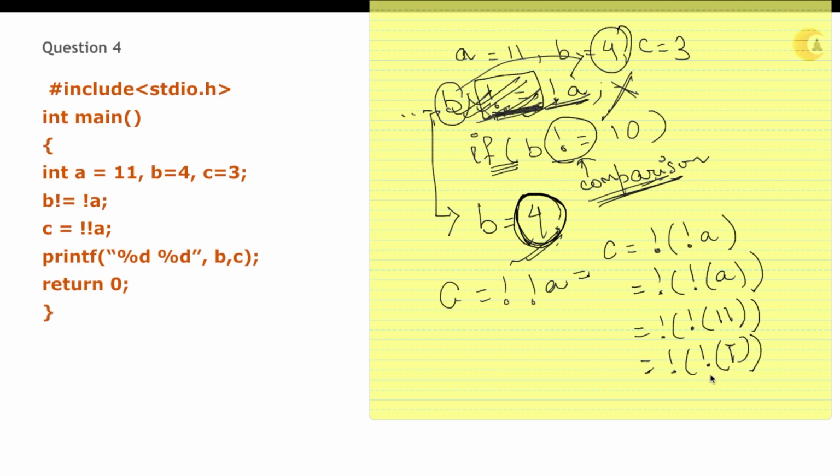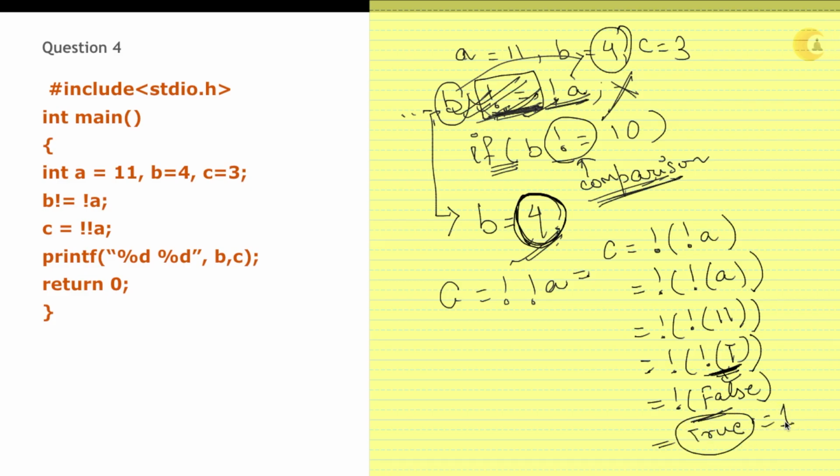Now, not of true is false, right? It's not true, then what is it? It is false. Now, not of false, it is not false, then what is it? It is true. So what value will true return? True will return 1. So what will be assigned to C? C will be equal to 1.